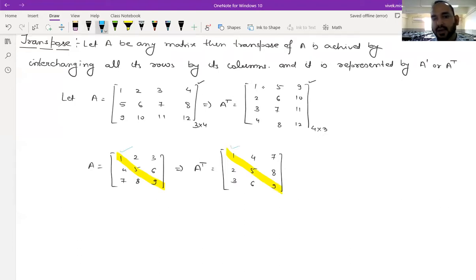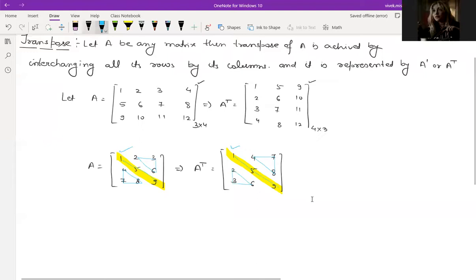The elements in the lower triangle have gone to the upper triangle, and the elements of the upper triangle have gone to the lower triangle, whereas the principal diagonal elements are remaining same. Are you with me? Yes, sir.